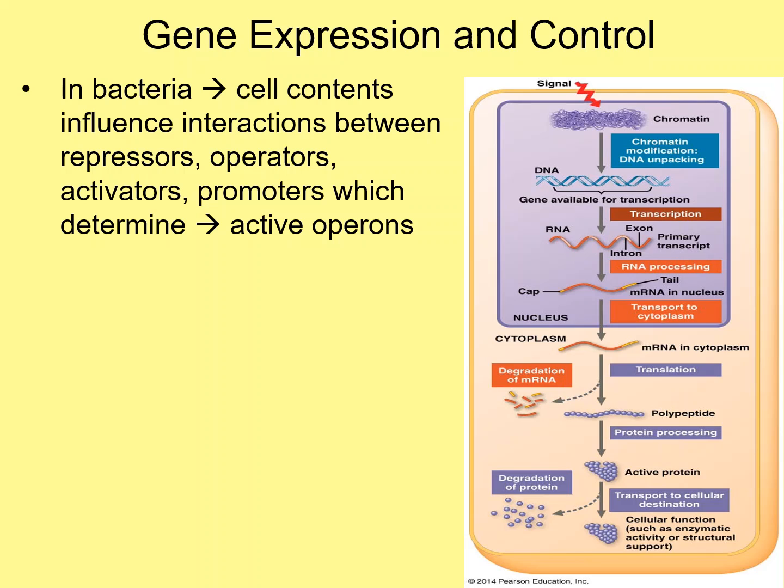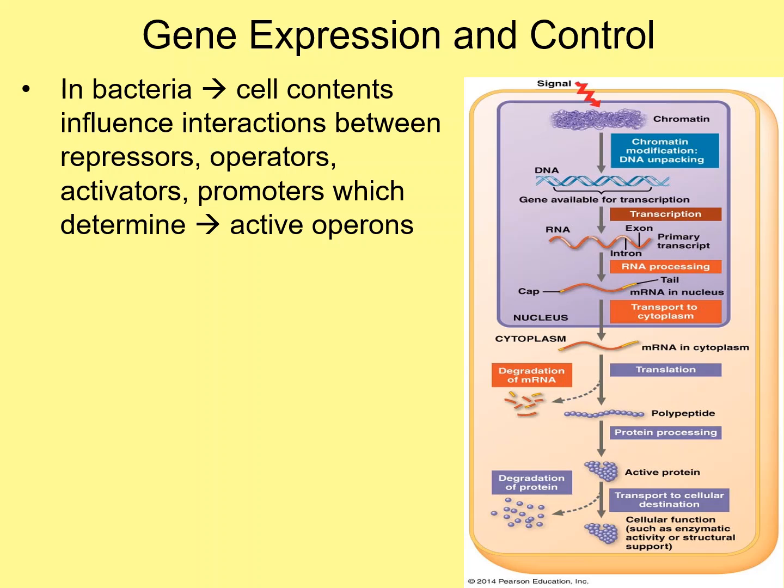So while it's complicated, it's simpler than a eukaryote, where, and again, not all eukaryotic organisms are multicellular by any means, but in eukaryotes, because we have linear chromosomes and because of the way our DNA is organized, we have a lot more flexibility in turning genes on or off.